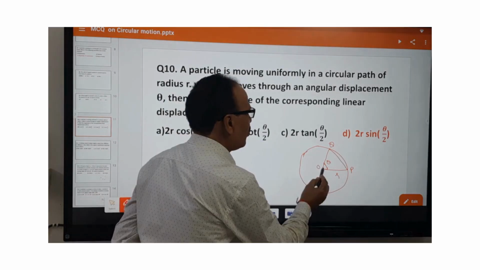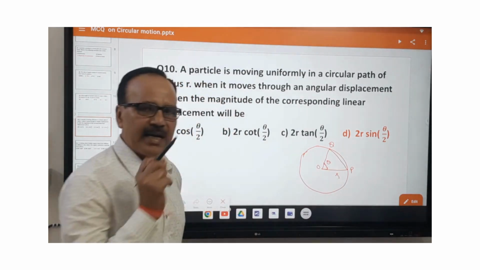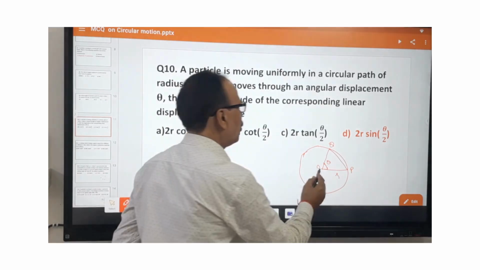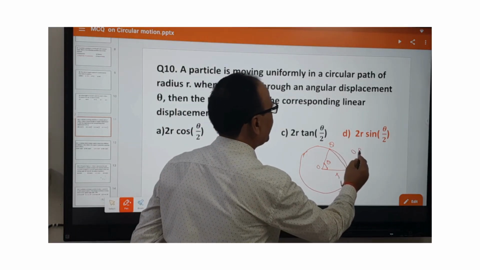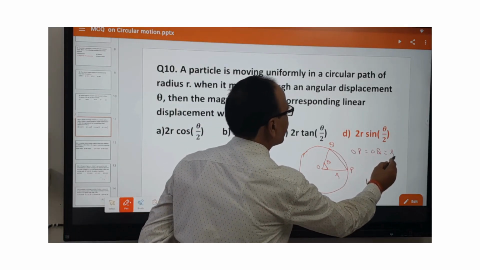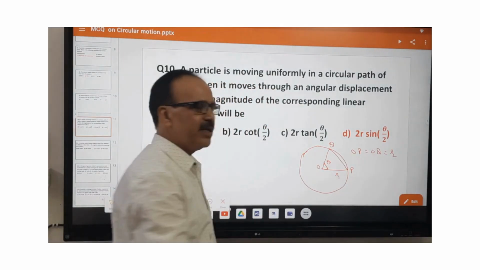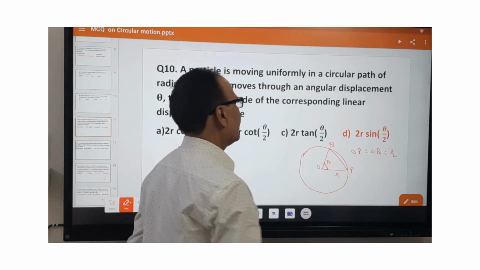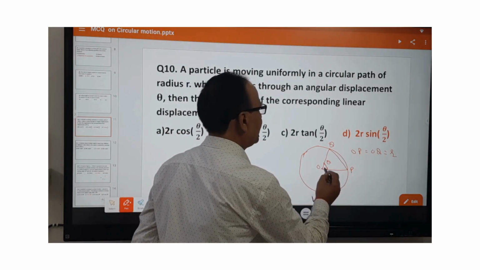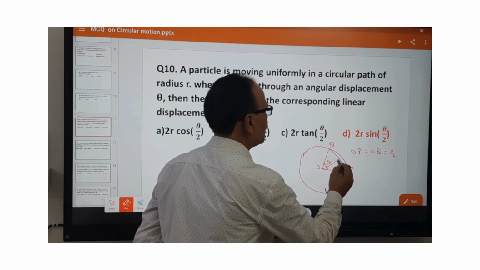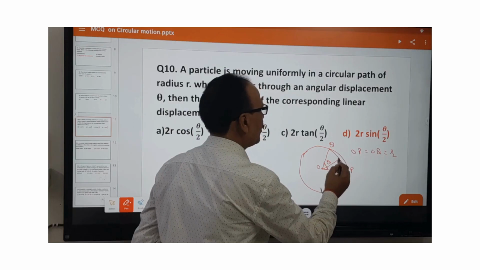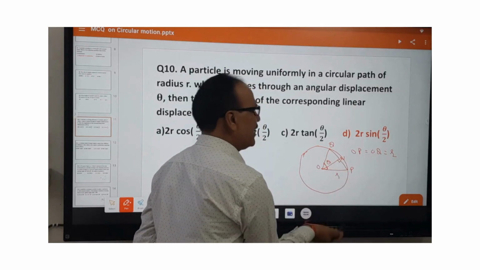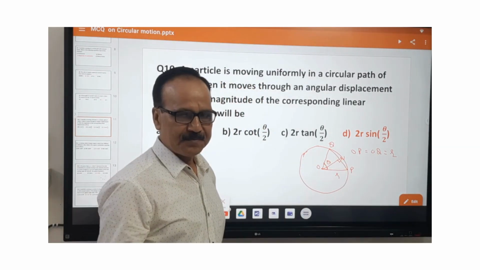This triangle OPQ is always an isosceles triangle because OP is equal to OQ is equal to R. So this triangle will always be isosceles. When we draw a perpendicular from point O to PQ, then this perpendicular ON divides PQ into two equal parts.